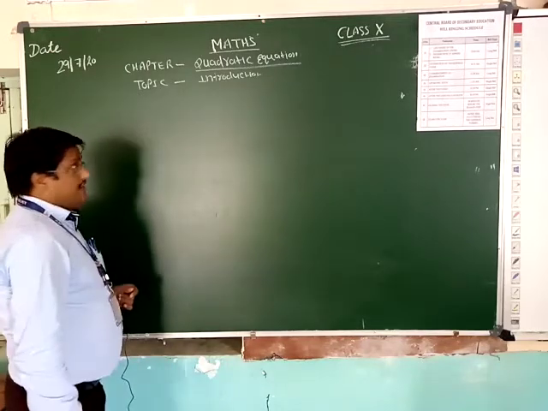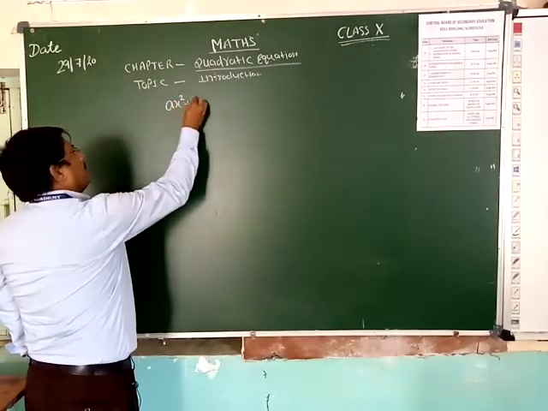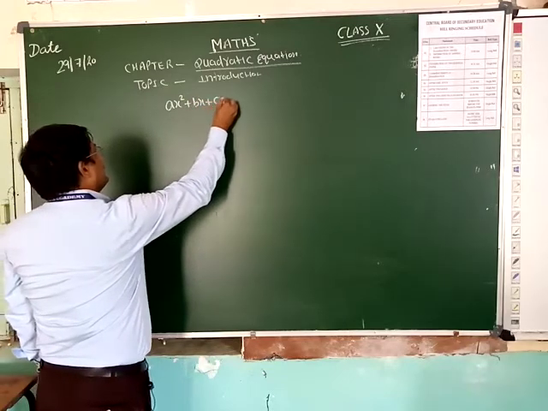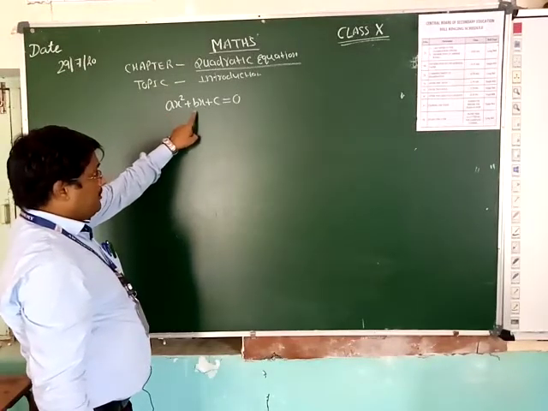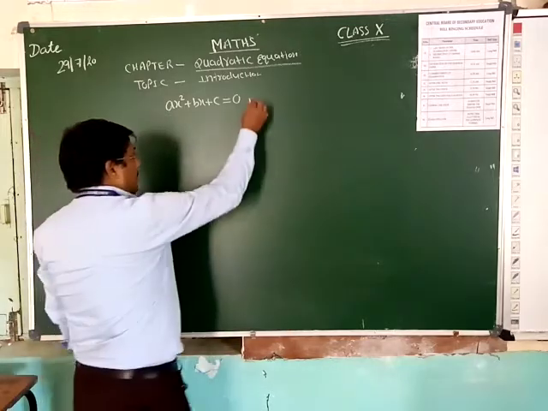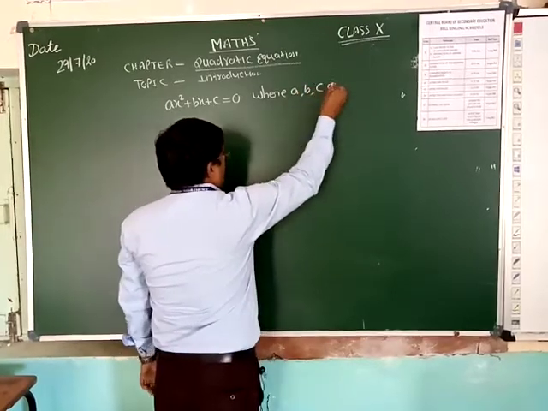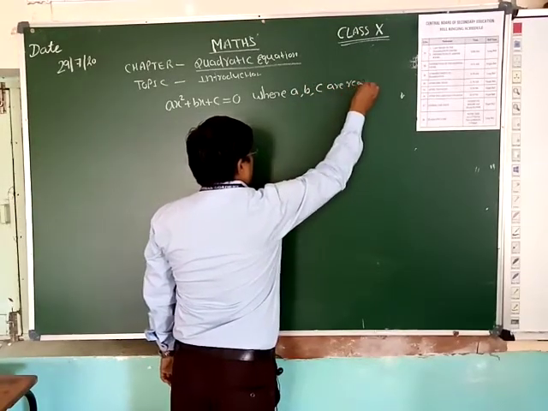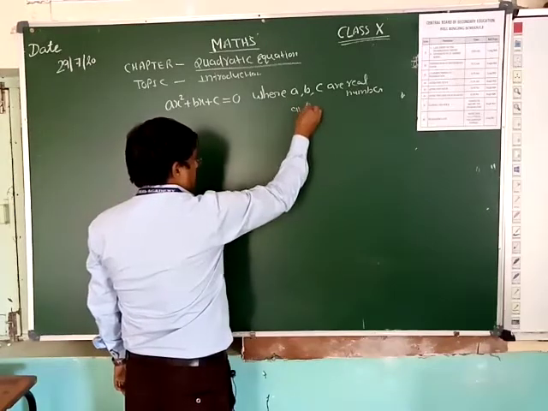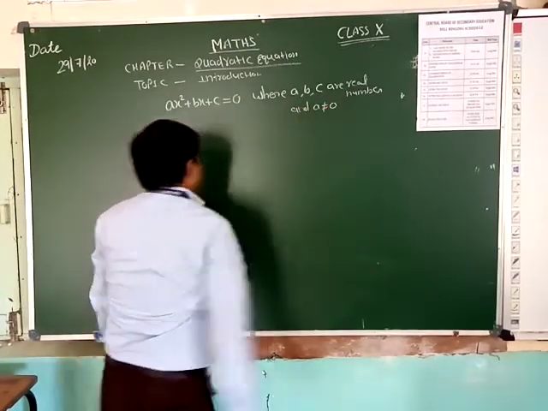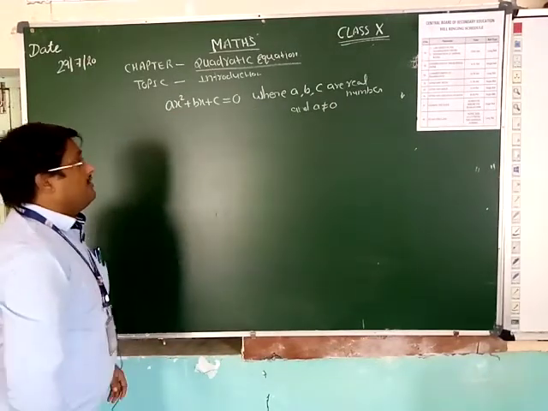The standard form of the quadratic equation is ax square plus bx plus c is equal to 0, where a, b, c are real numbers and a is not equal to 0.